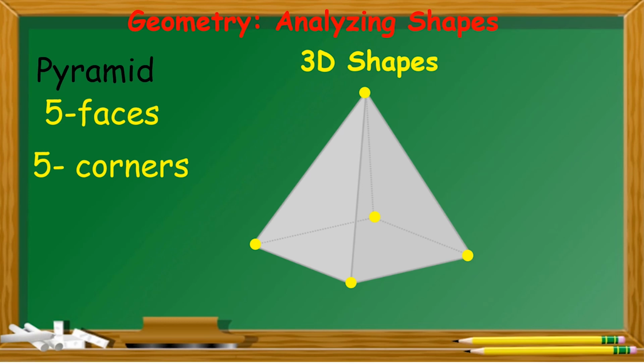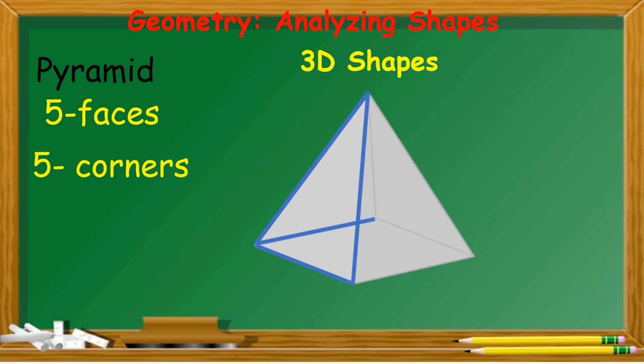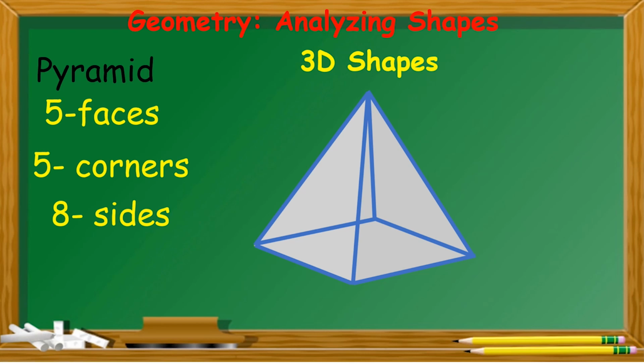And then how many sides? Let's check. 1, 2, 3, 4, 5, 6, 7, 8. So a pyramid has 8 sides.